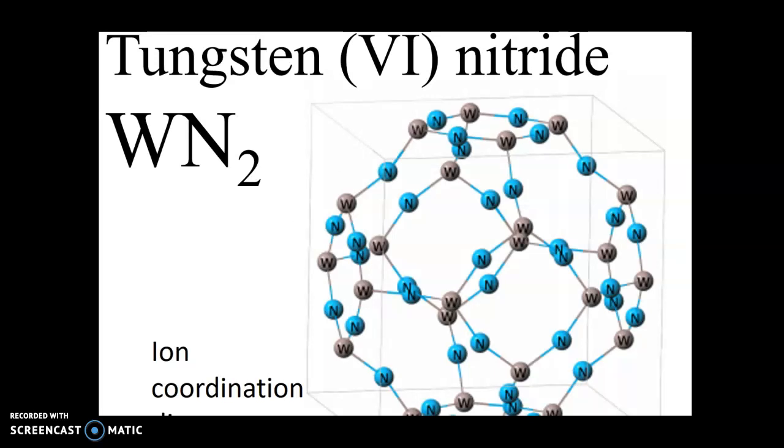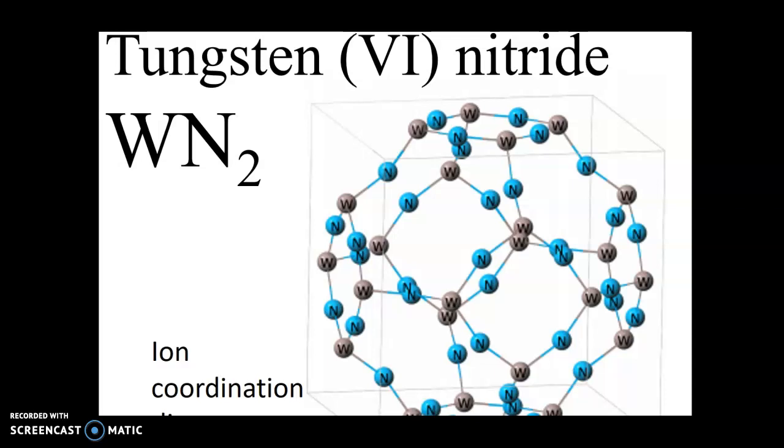So again, you should notice that the second word relates to a nonmetal element. There is nothing in the name suggesting how many of the atoms there are in the compound. So nothing to suggest that there are 2 nitrogens in this one when it says nitride. But the name of the element is nitrogen, the name in the compound is nitride.